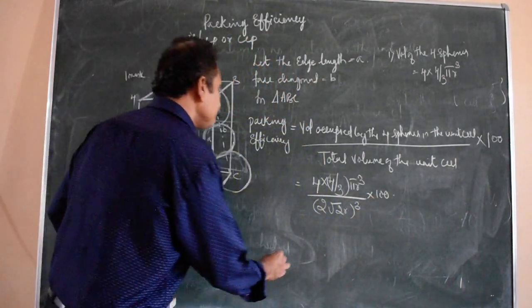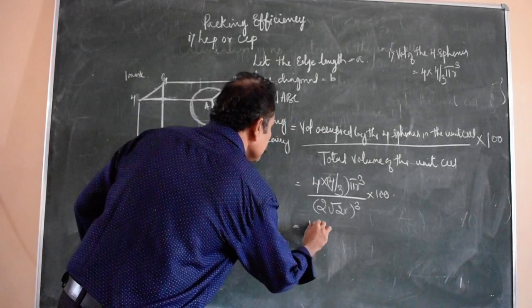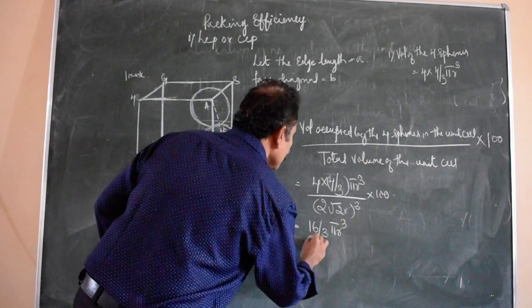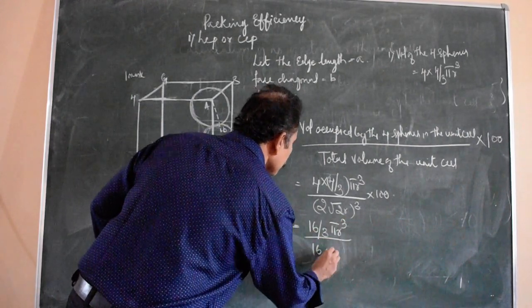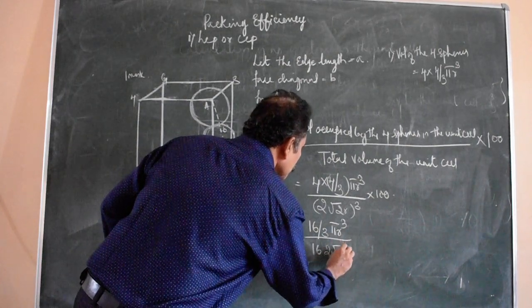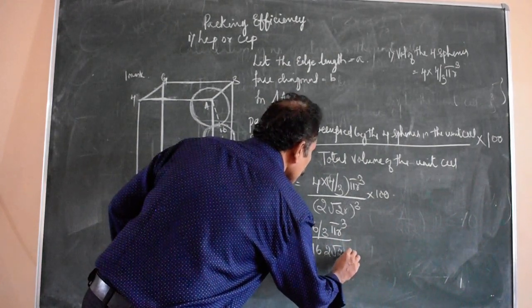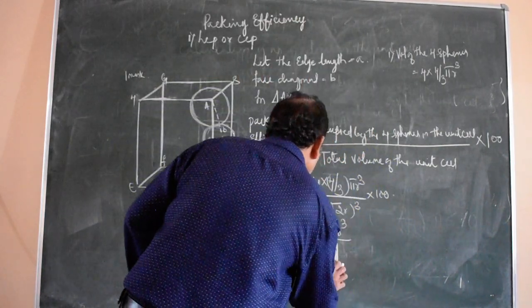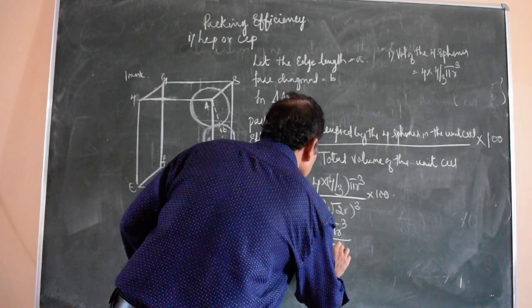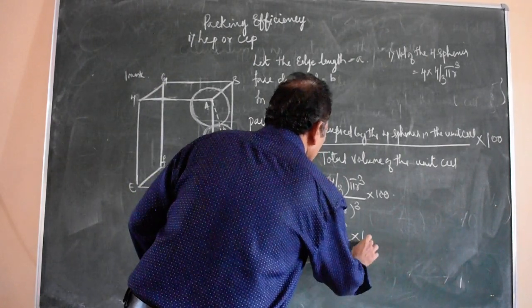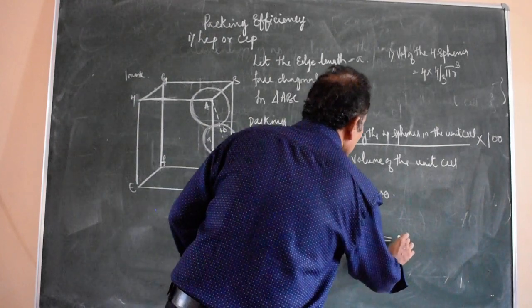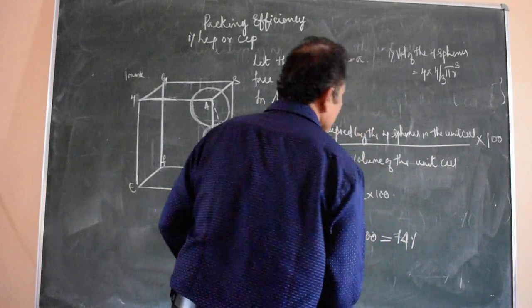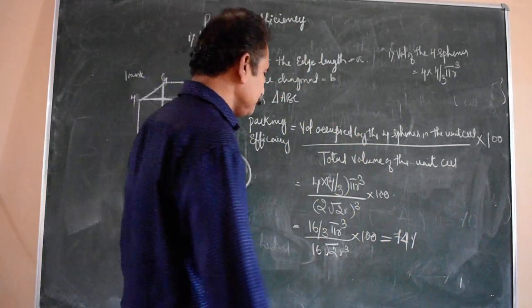So this gives you 16 by 3 pi r cube divided by 16 root 2 r cube multiplied by 100, that is equal to 74%. Okay.